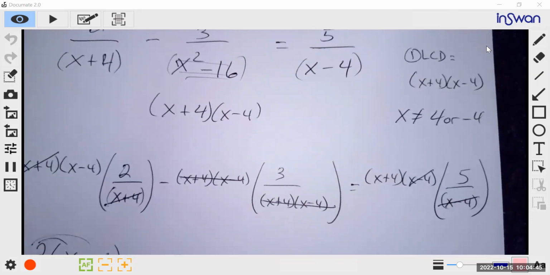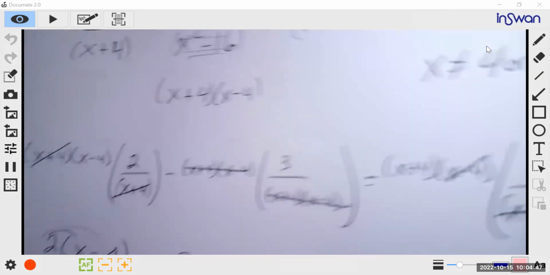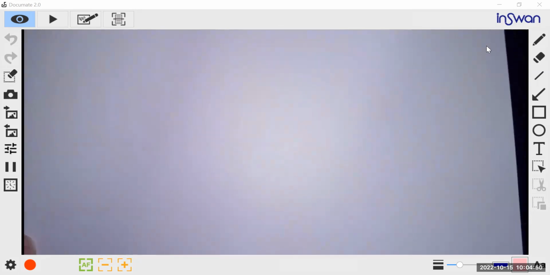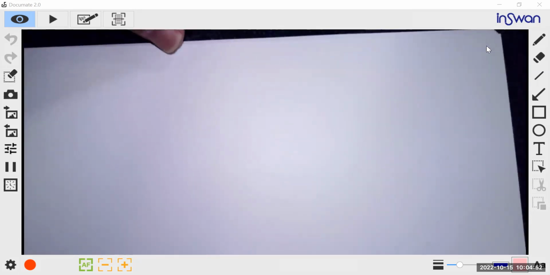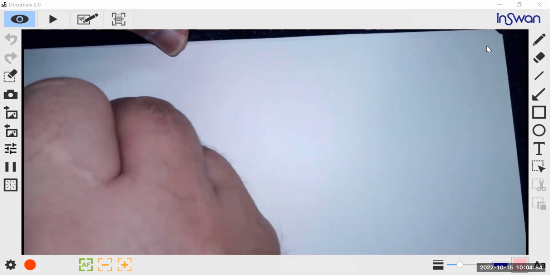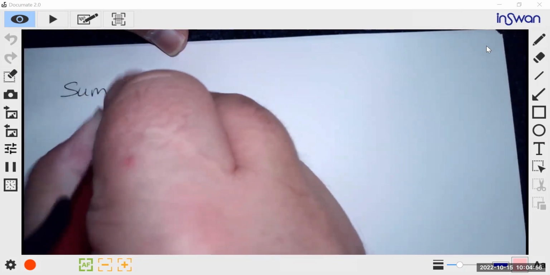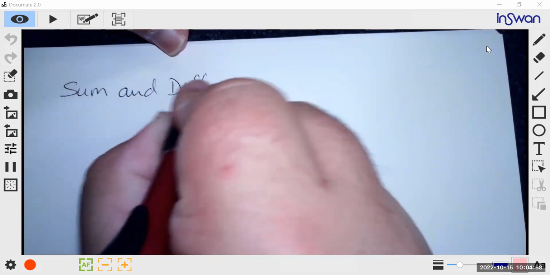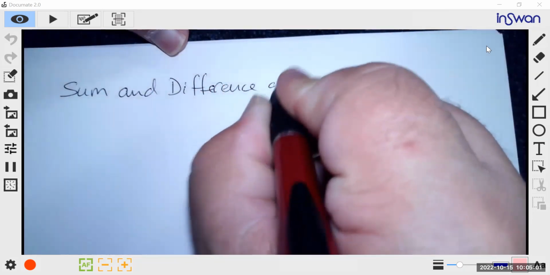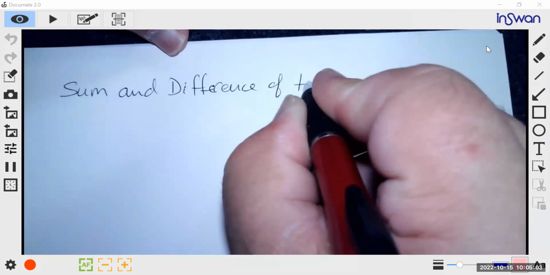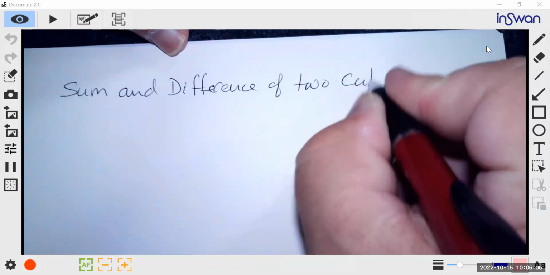Okay, so that's one of the special factors. The next ones are the sum and difference of 2 cubes.